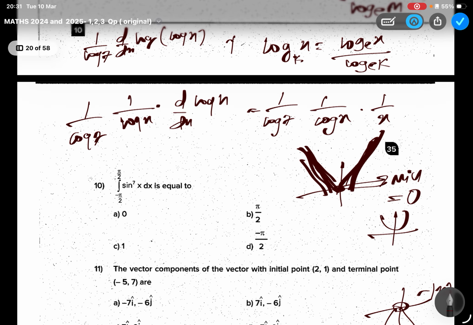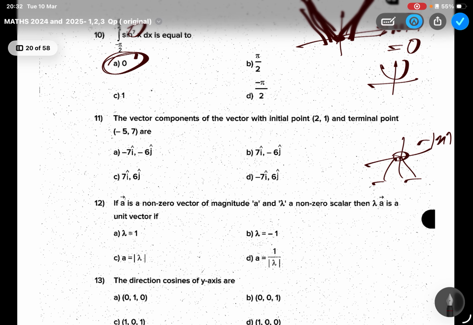And now it is an odd function, sine 7. It is clearly 0. The vector components of the vector with initial point 2, 1 and terminal point minus 5, 7. Now you can do this one: minus 5 minus 2 is minus 7, 7 minus 1 is 6, so minus 7i plus 6j.